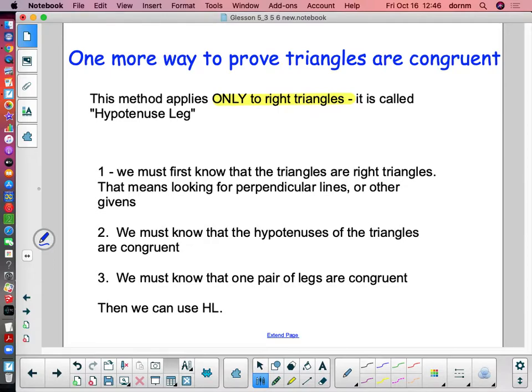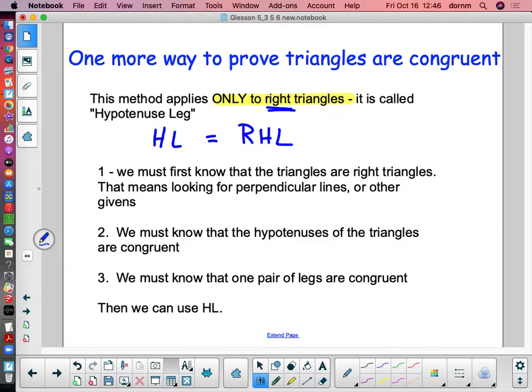Why does this one only have two? Hypotenuse leg. Well, actually, it has three because it's a right triangle. It's actually right angle hypotenuse leg. So sometimes you'll see it abbreviated as HL. Sometimes you'll see it as RHL, which just stands for right angle hypotenuse leg. So it still has three parts.